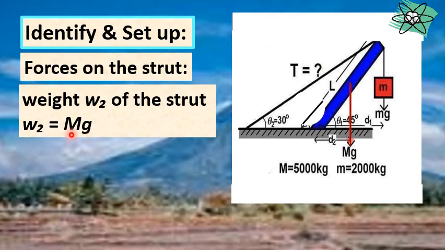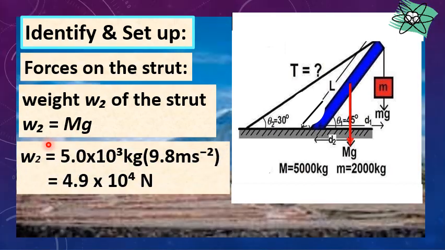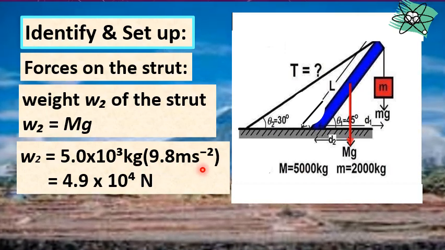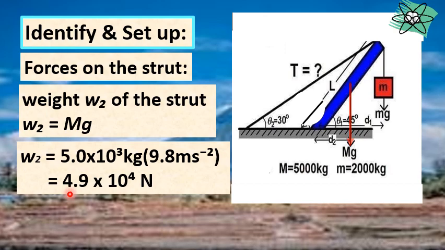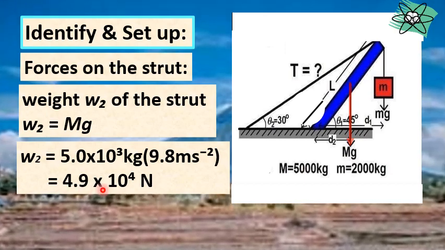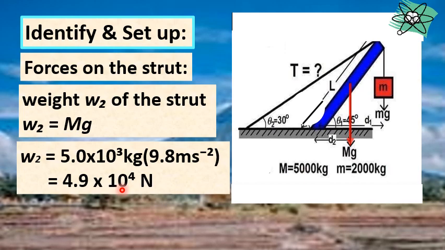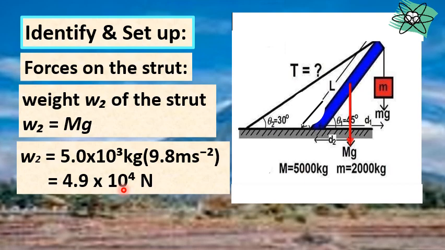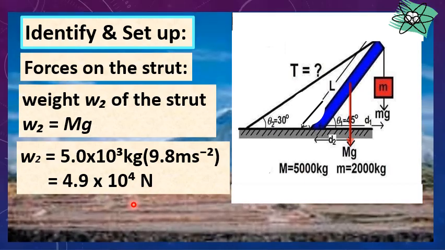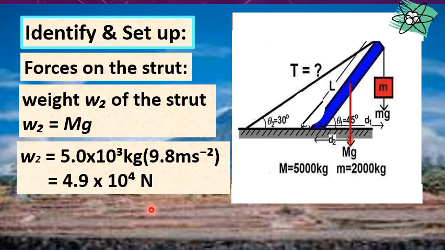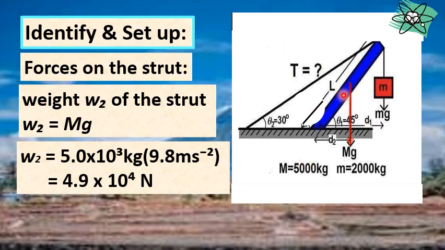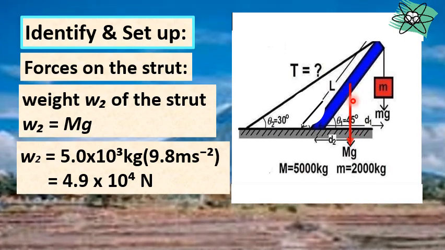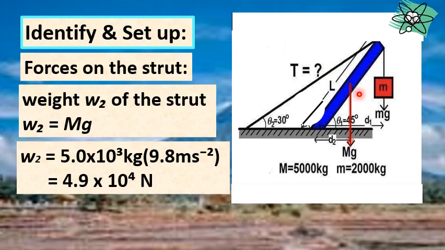That is, W sub 2 equals 5.0 times 10 to the third kilogram times 9.8 meters per second squared, or W sub 2 equals 4.9 times 10 to the fourth power Newton. Take note, the line of action of W sub 2 passes exactly through the center of gravity or center of mass of the uniform strut.